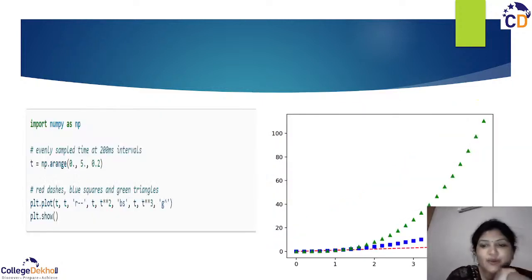Now let us see how to change the different scatter plots, or you may say the icons, the representation. Let us see one more example. We have generated a range, and by default it is generating some values. So we have called the package numpy and the function arange, and within arange we are defining some values.